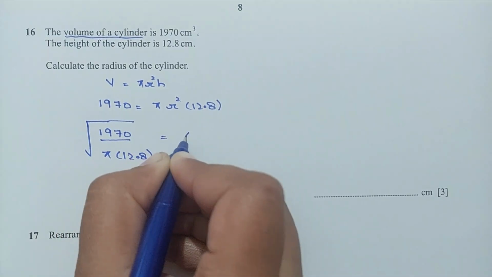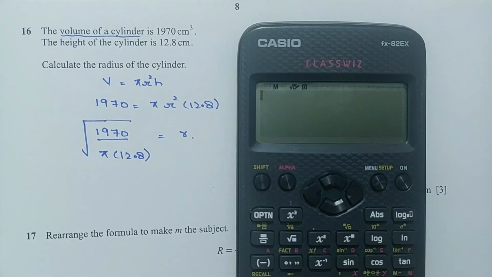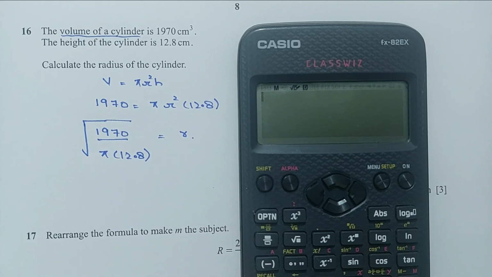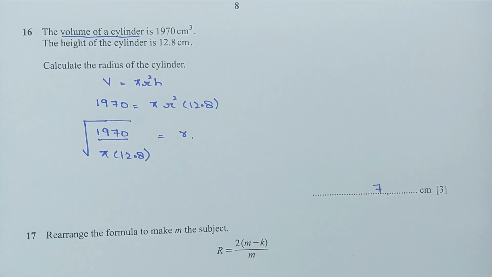This is the radius, right? It should be positive because radius can never be negative. So we have pi times 12.8 and 1970 divided by answer, and square root of answer is 6.99. So let me round this to 7 centimeters as the radius, right?